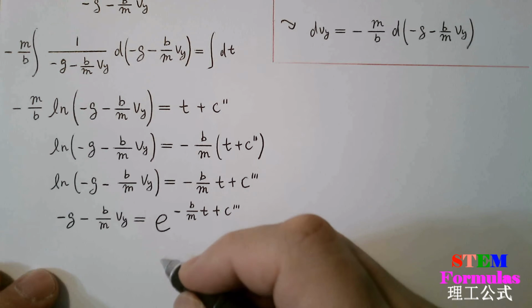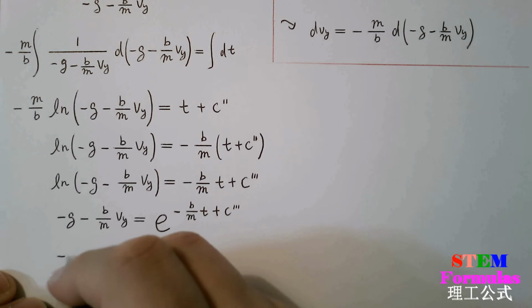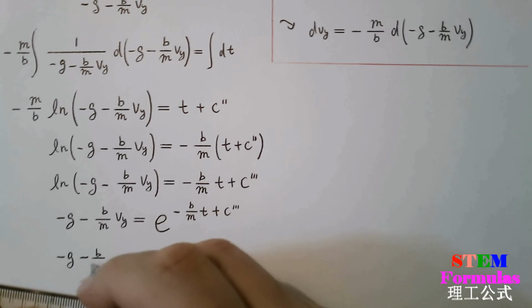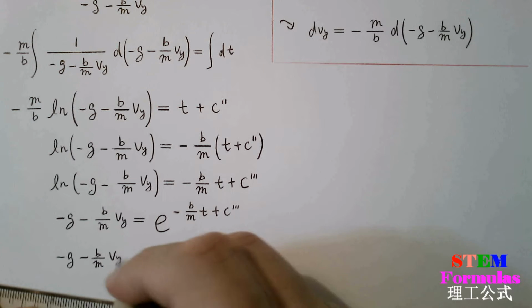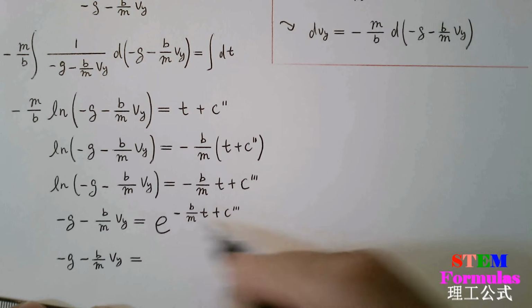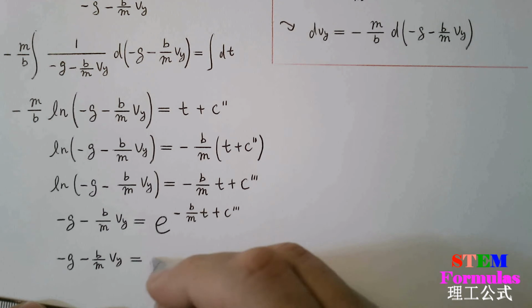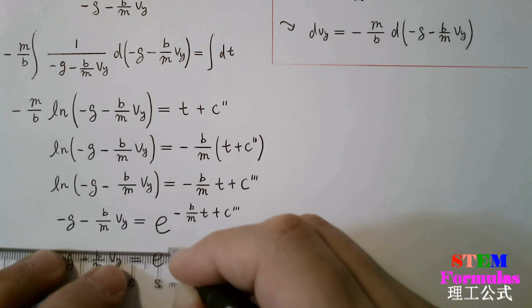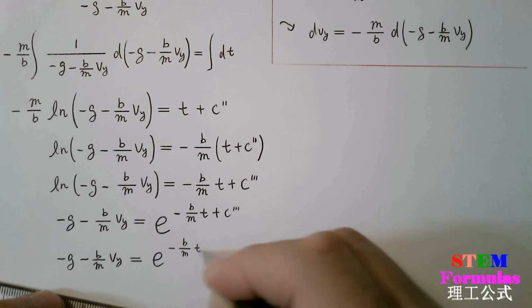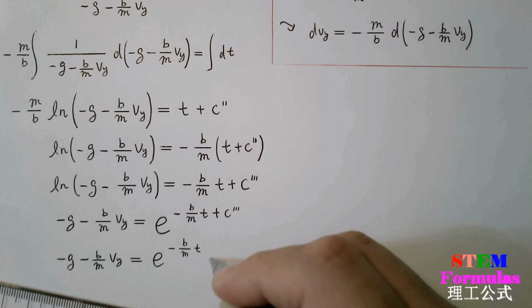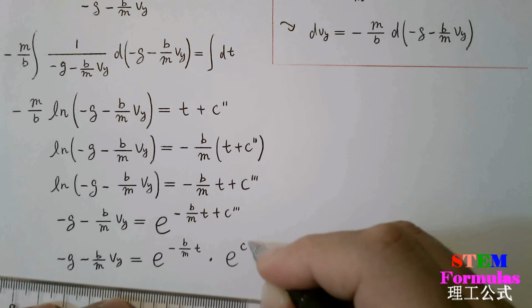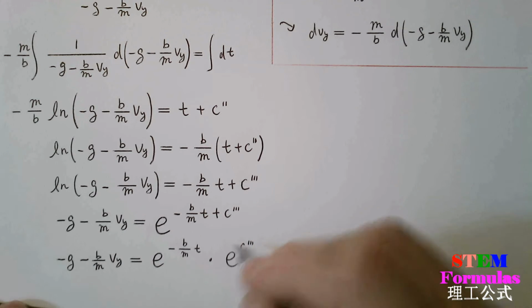If I write this further, I have minus g minus b divided by m vy equal e to the minus b divided by m t times e to the c triple prime.